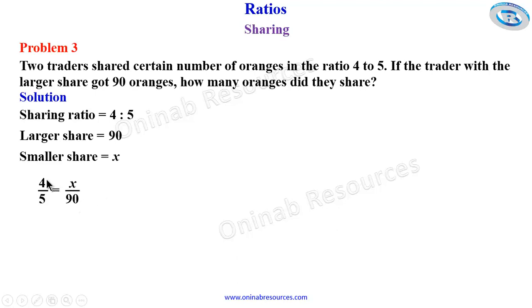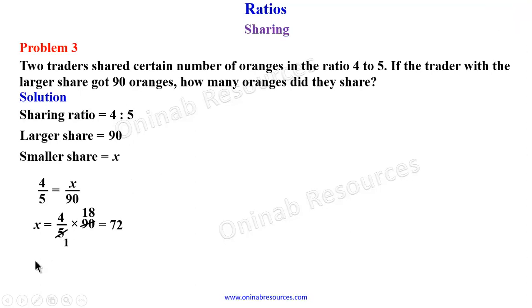I have done this because this is the smaller ratio which goes with the smaller share, and this is the larger ratio which goes with the larger share. So we can then multiply both sides by 90, which means X equals 4/5 times 90. So 5 goes into 5 gives 1, and 5 goes into 90 gives 18. So 4 times 18 gives 72 oranges, which is the smaller share.